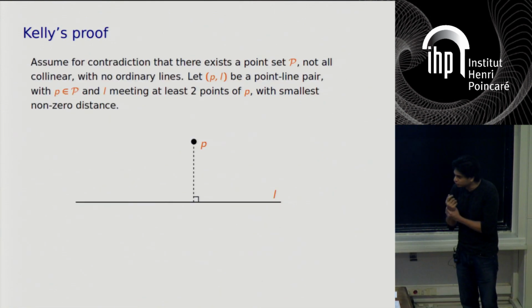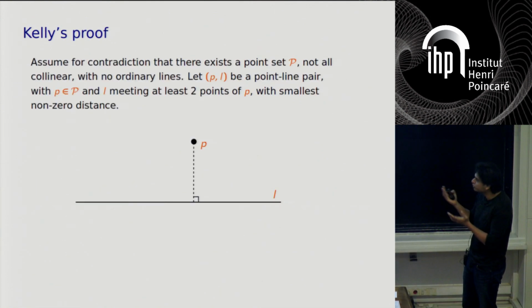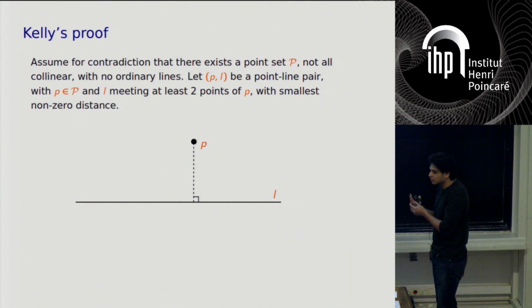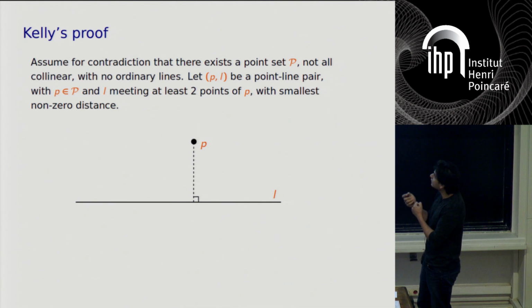Right, so here's Kelly's proof. It goes by contradiction, so we assume we have a set of points, and every line has 3 or more points on it. Now I find a point and a line pair such that the distance between the point and the line is the smallest non-zero distance. So let's say I have a point-line pair.